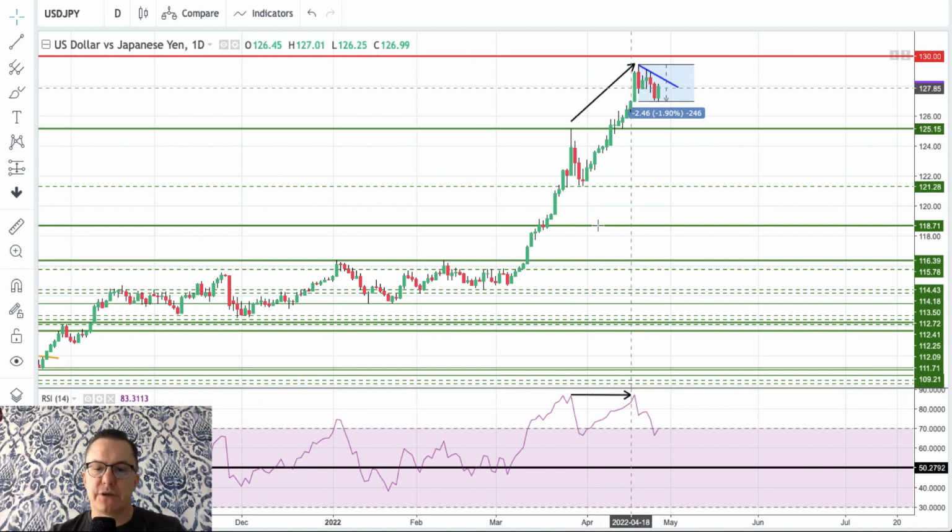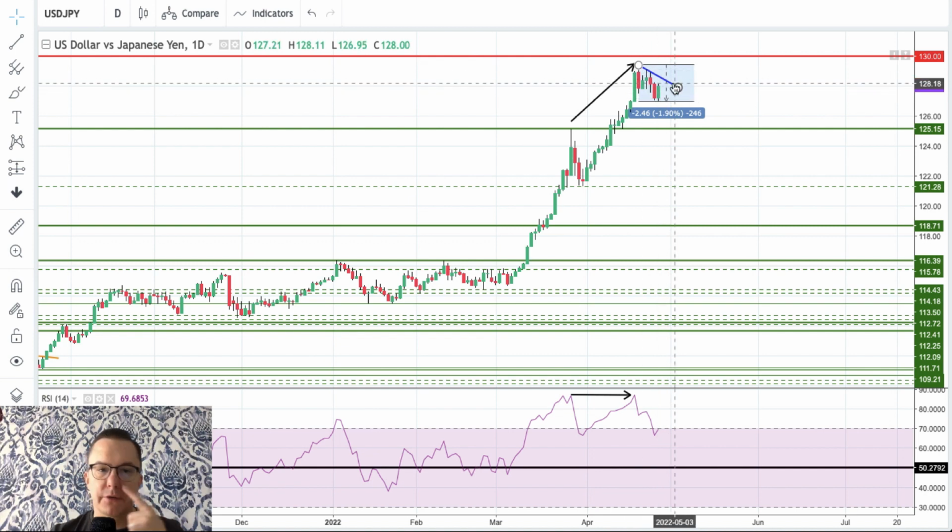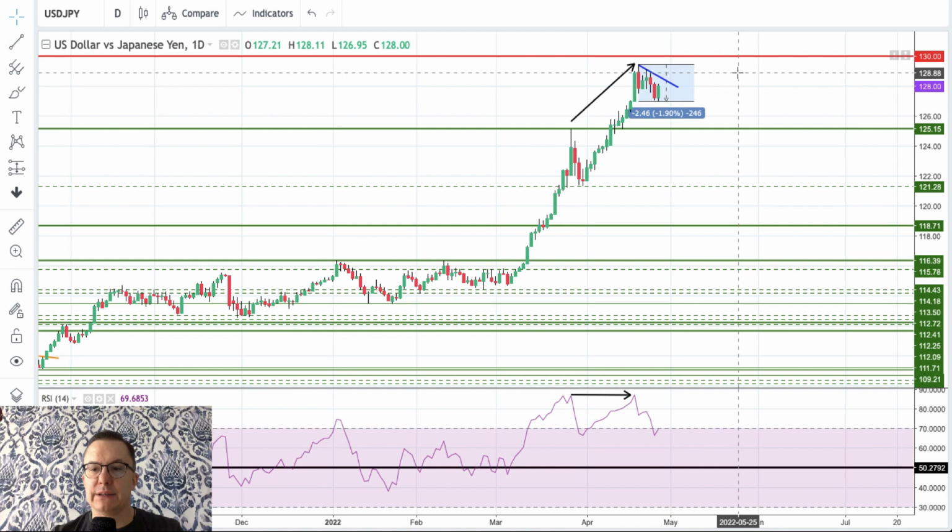bearish divergence between momentum and price, and now this consolidation, corrective pullback pattern here, which is the longest since the beginning of March, means that maybe there is some kind of distribution going on here on the levels of 128, 129, between these two levels.